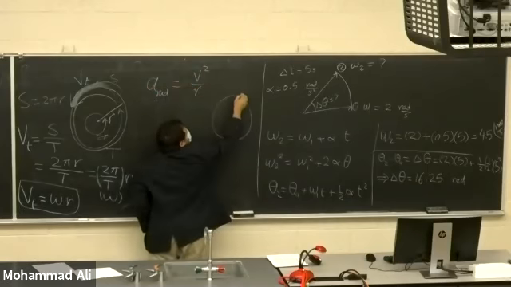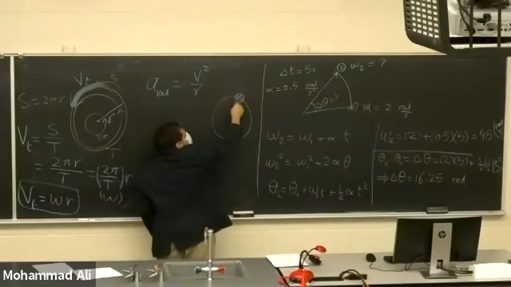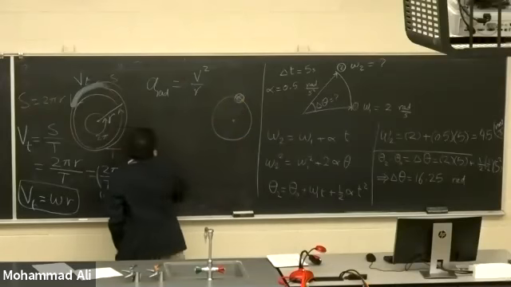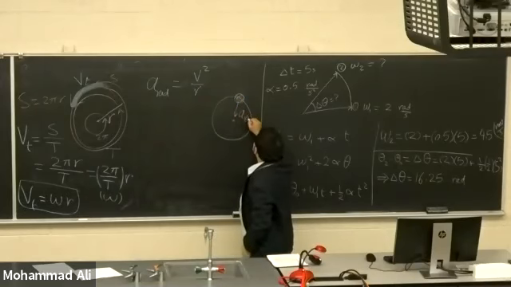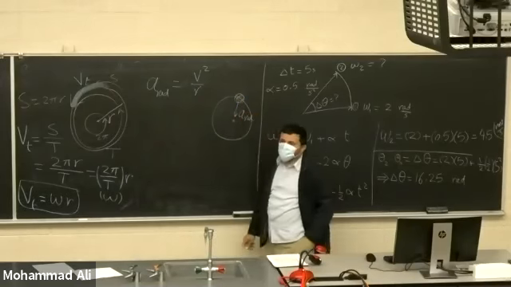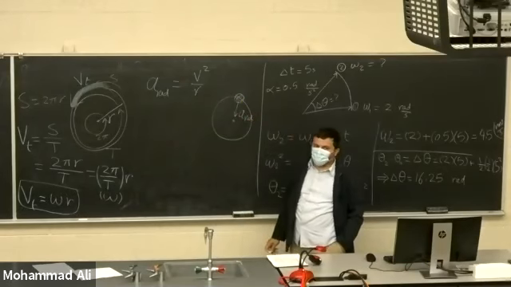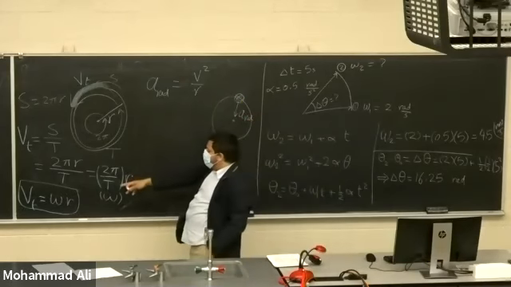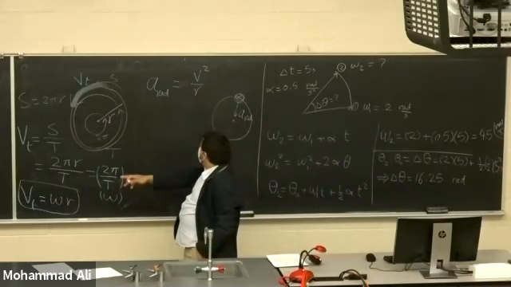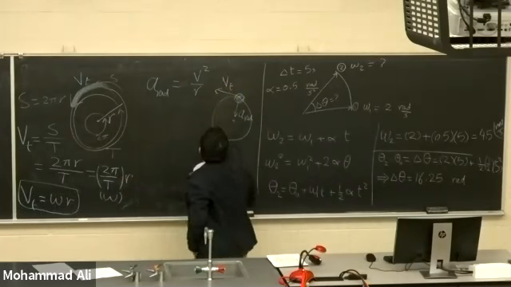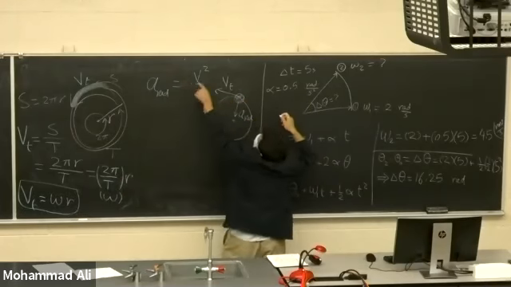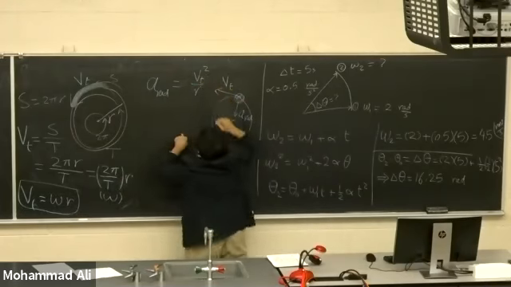If we have a rotating object around the center, there is acceleration toward the center of rotation. I remember that we solved many examples about this. And now we have the velocity v tangential.